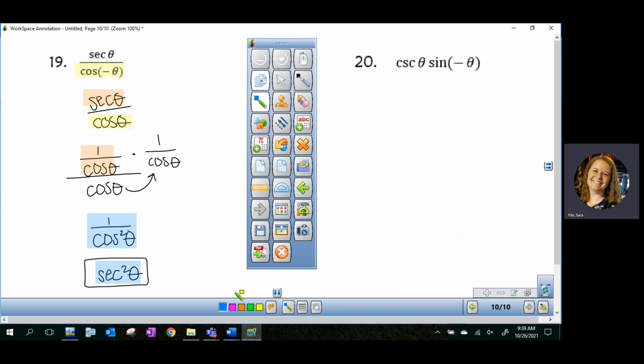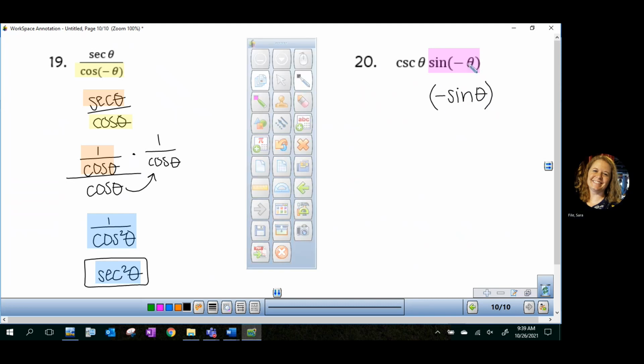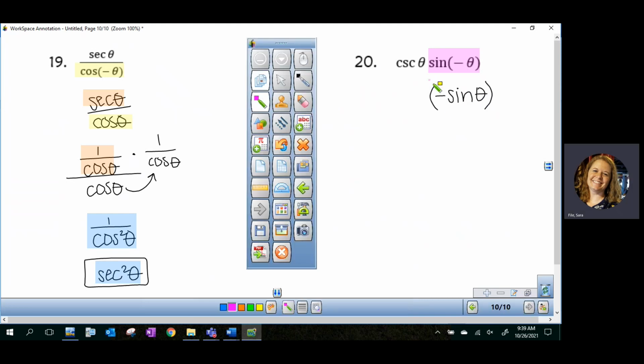All right, now here is another odd even identity, but sine is an odd function. So that's going to come out as negative sine of theta. Okay, that one does change the output, the trig function, to negative.